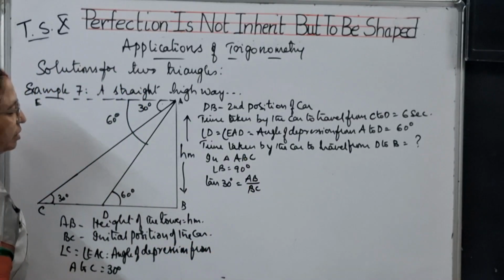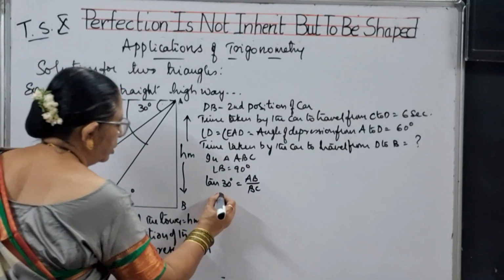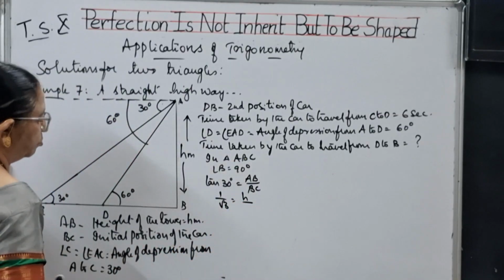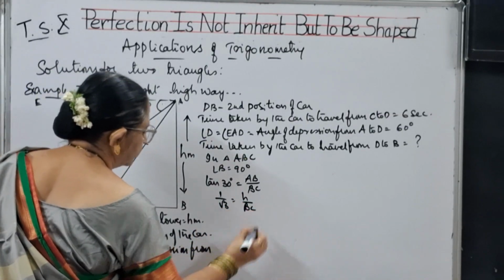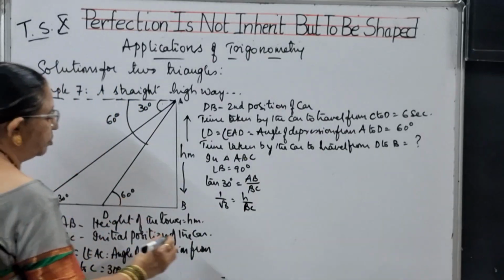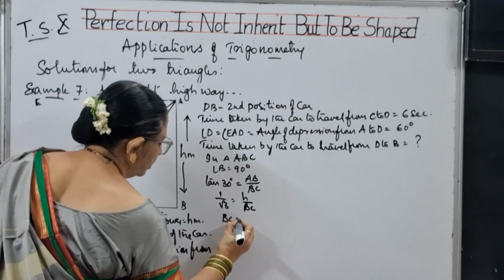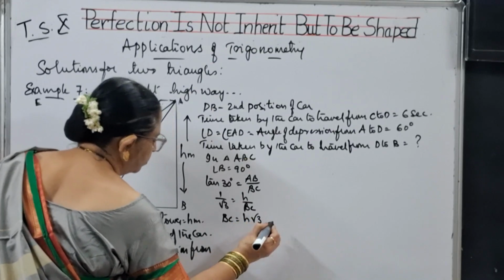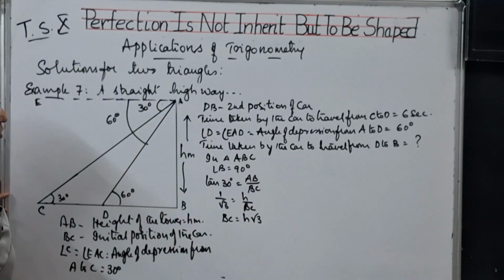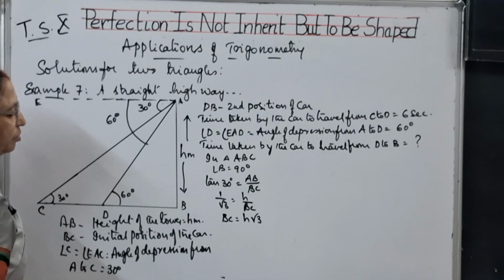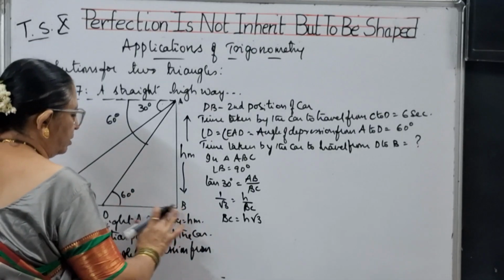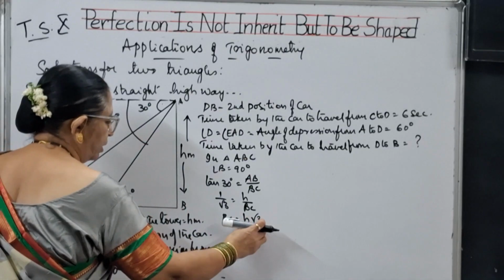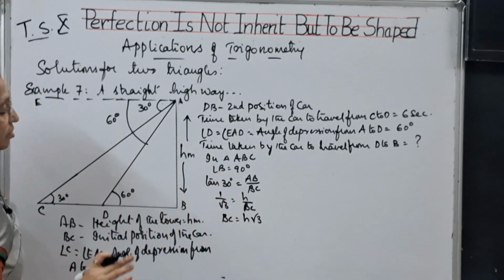That means what is tan 30 degrees, children? 1 by root 3 is equal to H by BC. So what is BC? BC is equal to H root 3. BC is equal to H root 3 is the distance that it has traveled. That means to travel H root 3, it has taken 6 seconds.